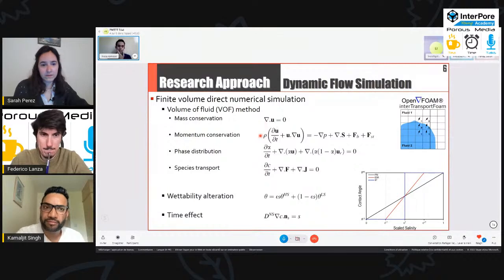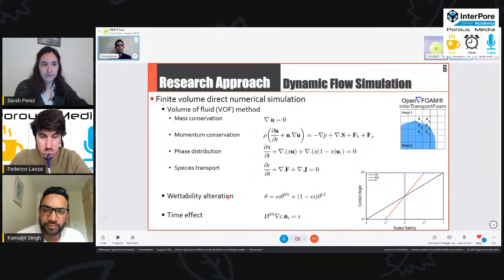The equations being solved are the mass conservation equation and the momentum conservation equation, which are the Navier-Stokes single-field equations of this form, and the phase distributions to follow how the two phases are moving, the water phase and the oil phase. And within the water phase, we have the transport of salinity. So we can introduce the high salinity water and the low salinity water and see the outcome.